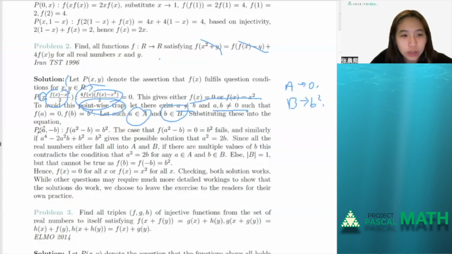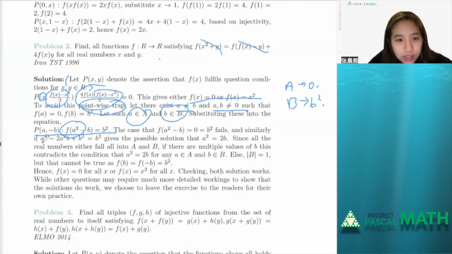So you substitute in, you get this. And so you see there is a function inside this. So either this equals to 0, but if this equals to 0, then b equals to 0, which fails. So the other case is that it's basically this squared. So then it gives you a squared equals to 2b.